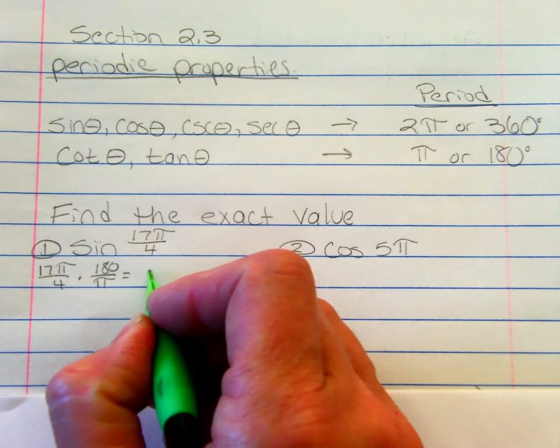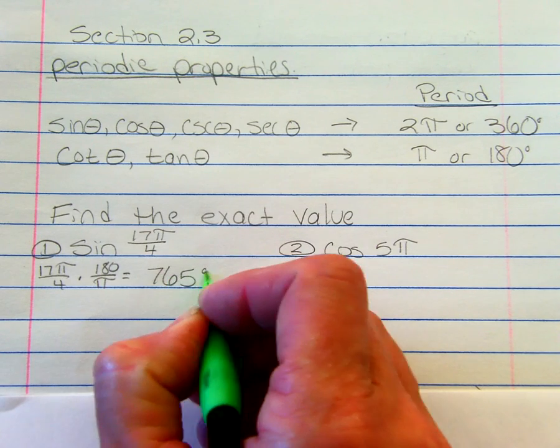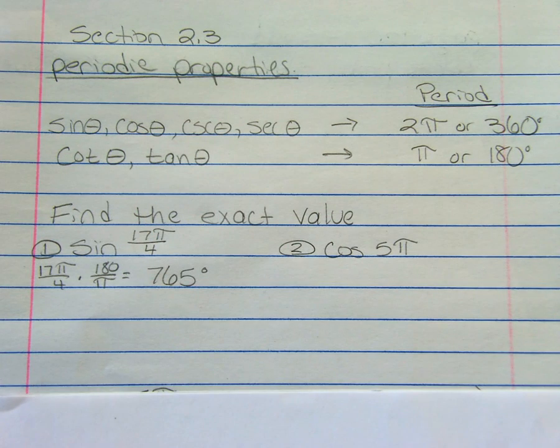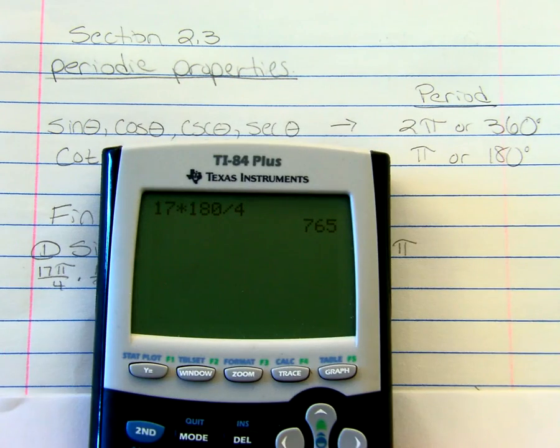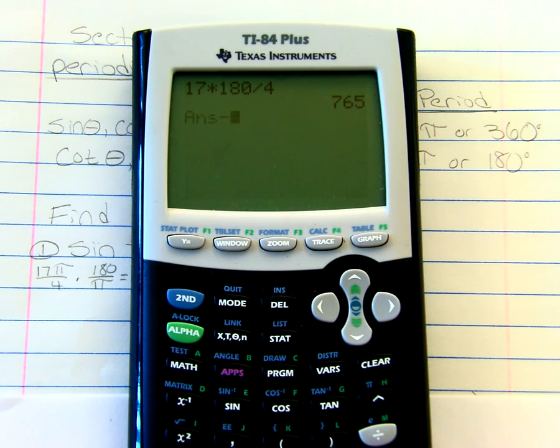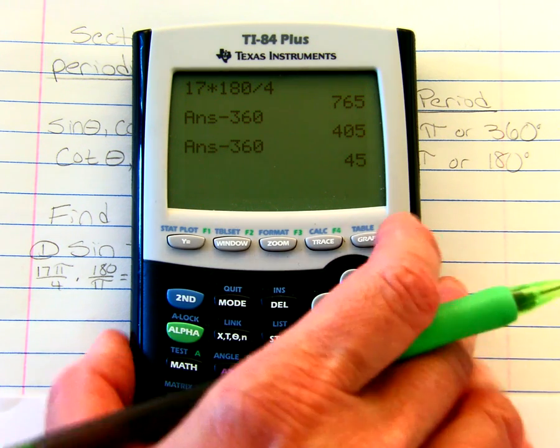So I'm dealing with 765. Now you just keep subtracting off in multiples of 360 until you can find it on the unit circle. So minus 360. Nope. Minus 360. Yep. 45 you can find.